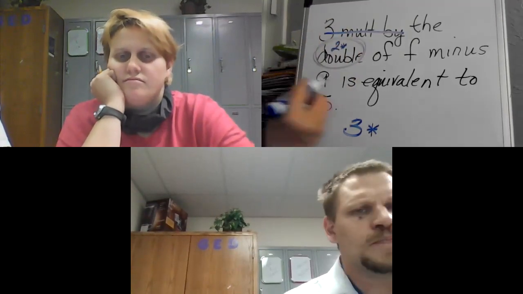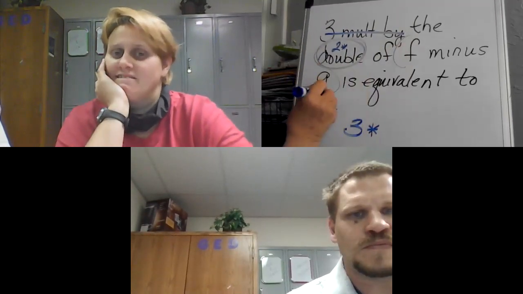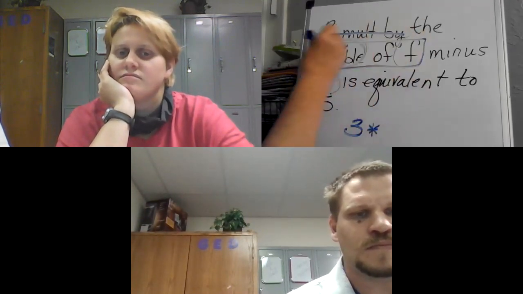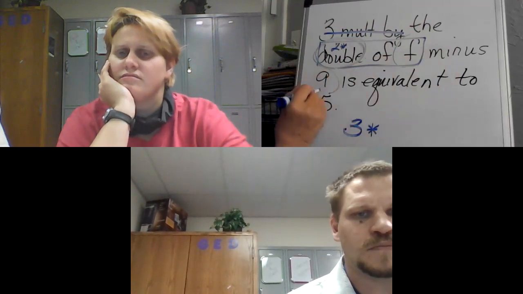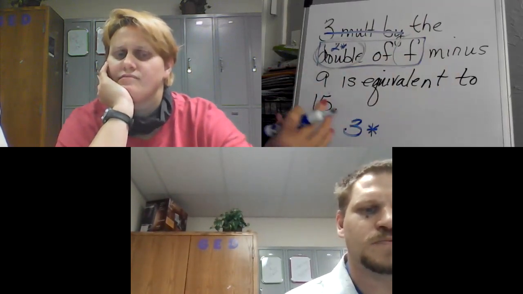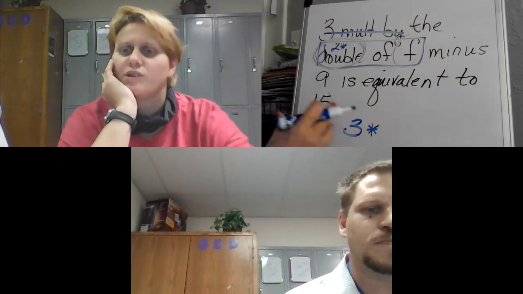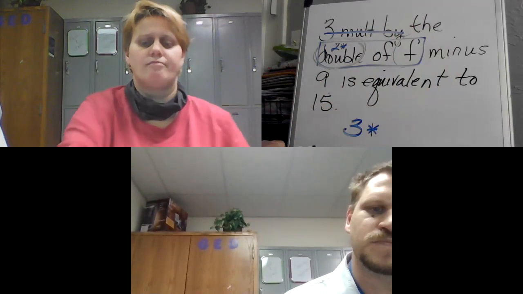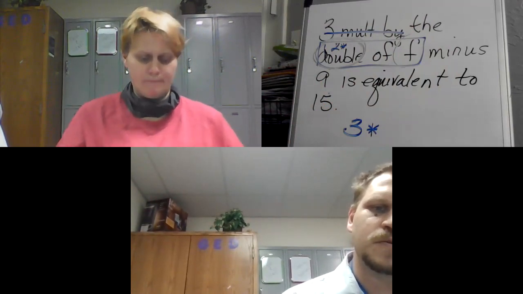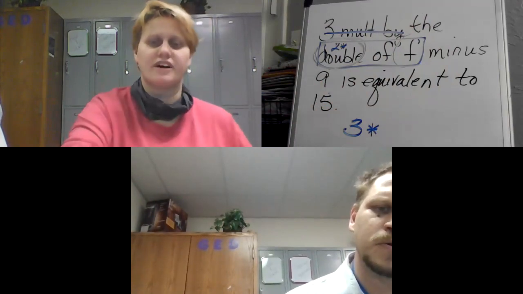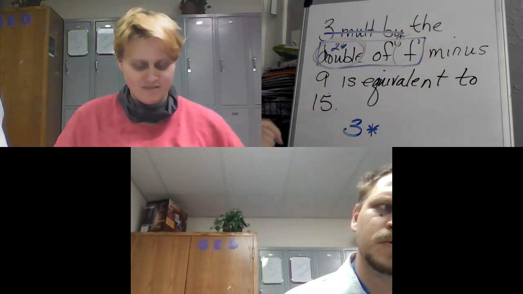But I don't know if they want F minus 9 or if they want the double of F minus 9. So I'm going to have to look at that before I tell you, because the way they have it written, it could be done several different ways. So put like 2 stars on that. Okay? I appreciate you bringing that one up. Thank you.